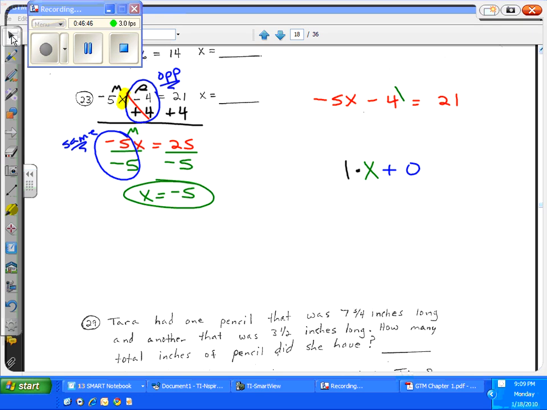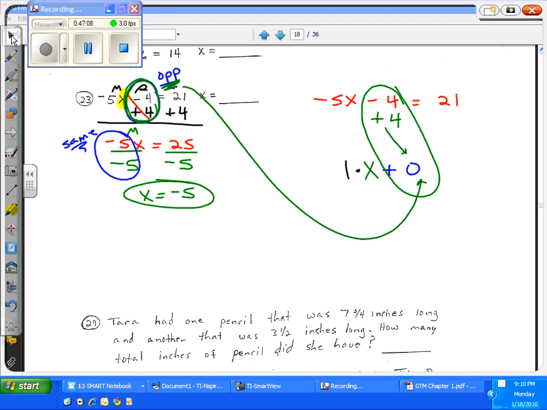So I'm not really trying to get rid of the negative 4. I'm trying to change that negative 4 to a 0, and I do that by adding 4, because negative 4 plus 4 is 0. Therefore, when we undo addition and subtraction, we use opposite signs, which produce a 0, the identity element for addition.